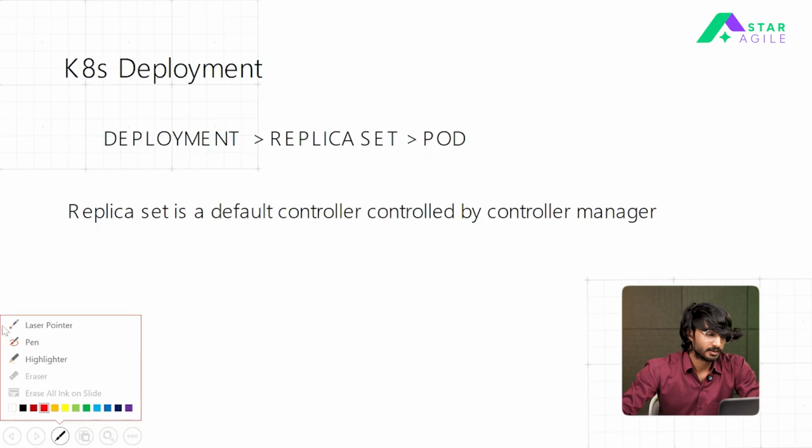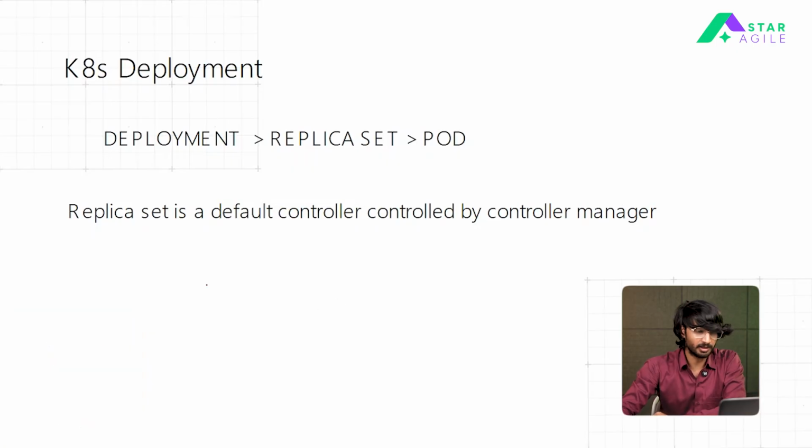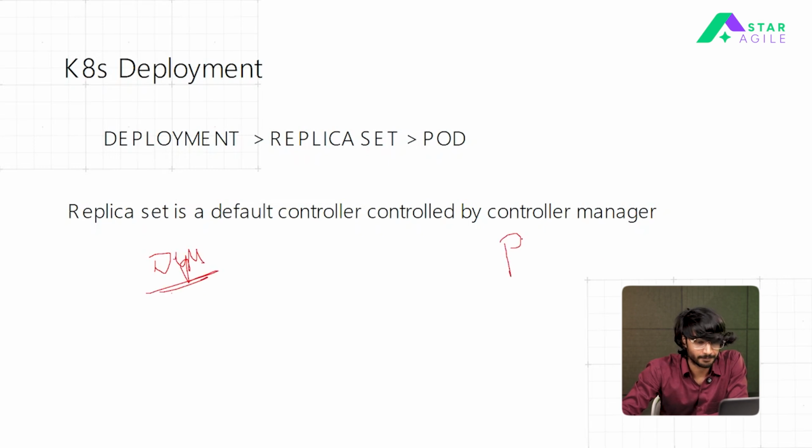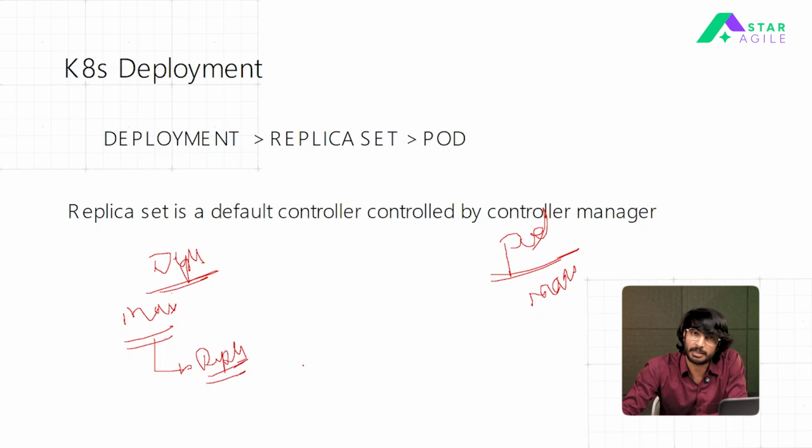So let's check. If I have to put it in simple words, deployment and pod: both use a manifest file. Right. By using deployment, we can create replicas and maintain multiple replicas using the deployment file.